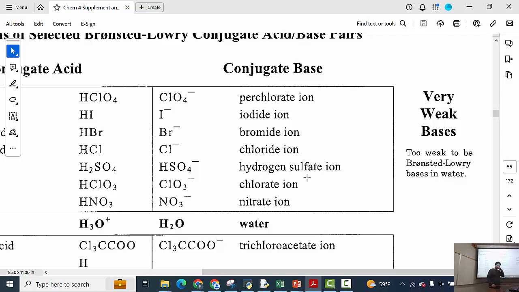Now, bases can hydrolyze water. And so if we look at something like perchlorate, actually, let me go back.